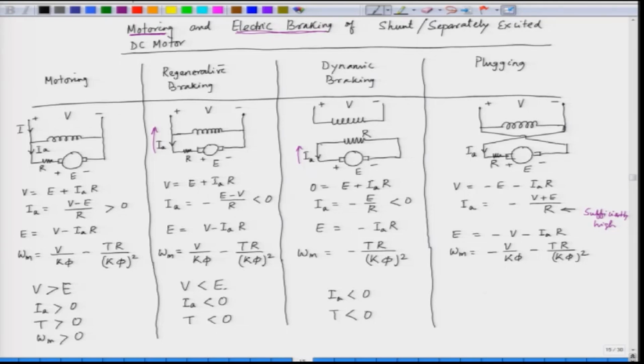In this case the current has to be negative, the current flows in the opposite direction. The applied voltage is being held by the back EMF, current is flowing in the opposite direction, current is negative, and the torque is also negative. So, these are the conditions for plugging.